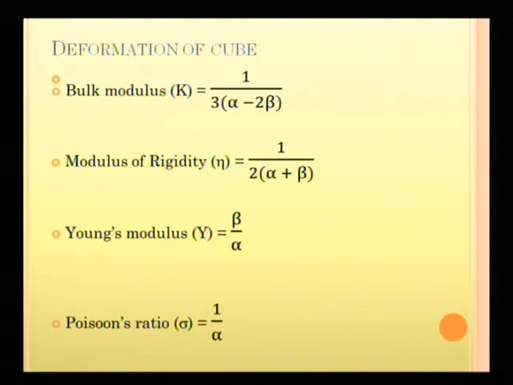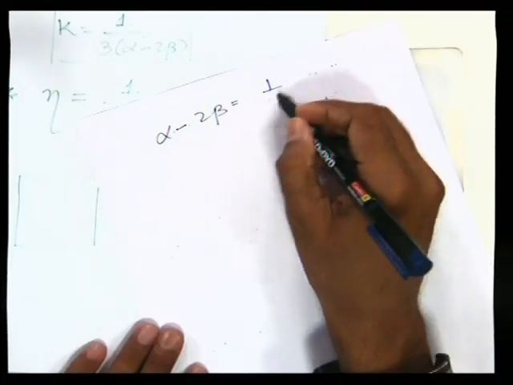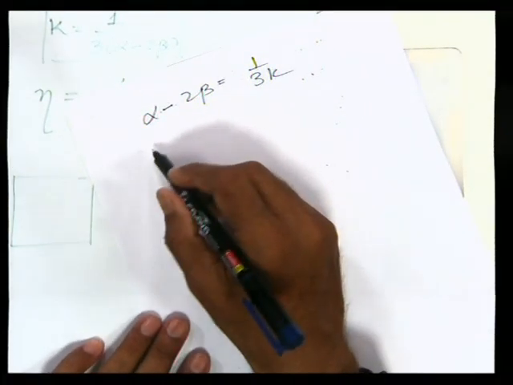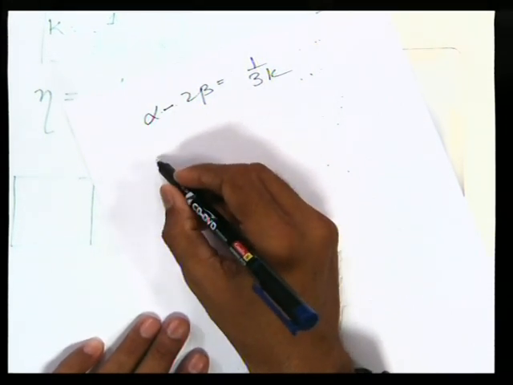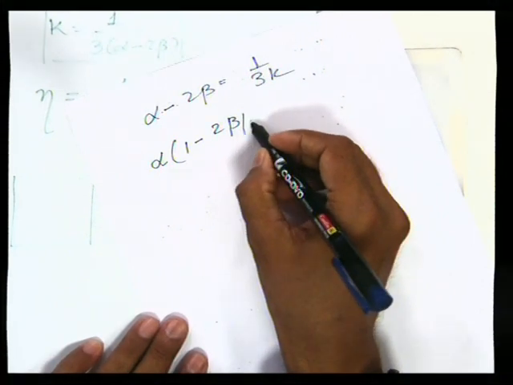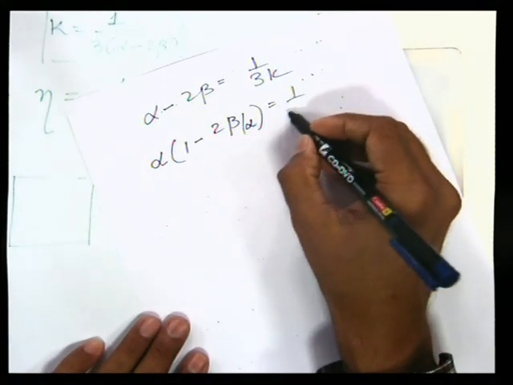Using this type of relation we may derive the limiting value of Poisson's ratio. See here, alpha minus 2 beta equal to 1 upon 3k. If I take alpha common, it is equal to alpha (1 minus 2 beta by alpha), which is equal to 1 upon 3k.